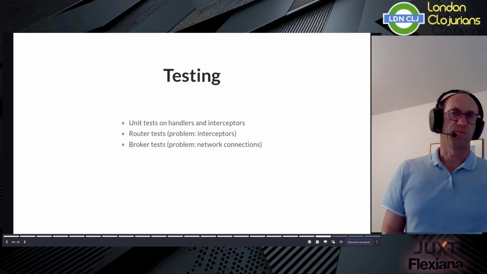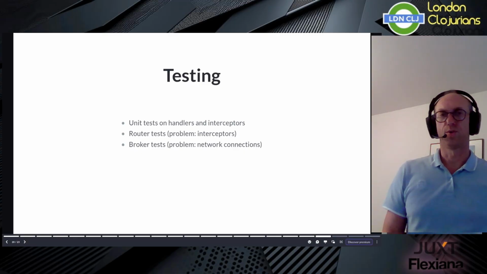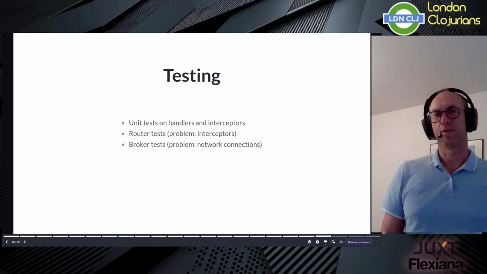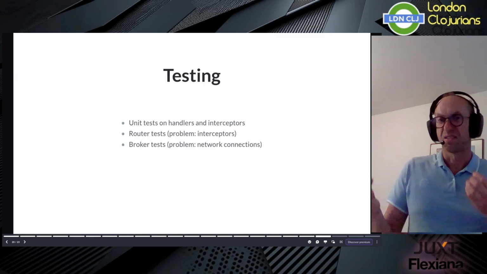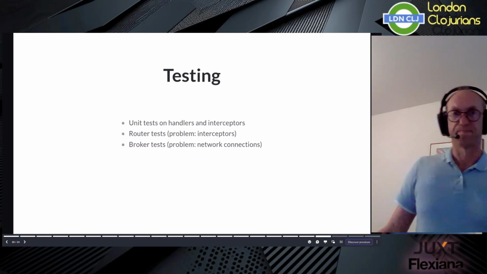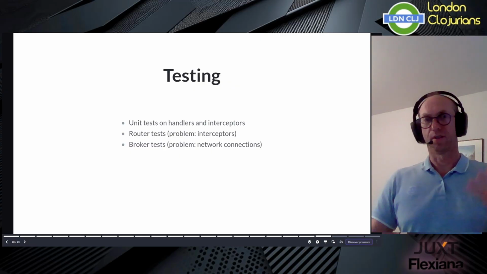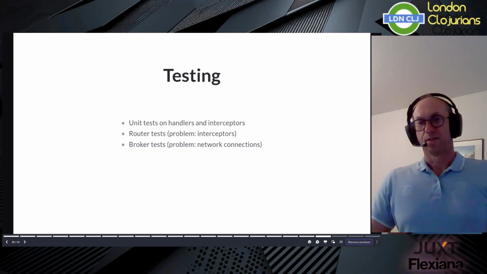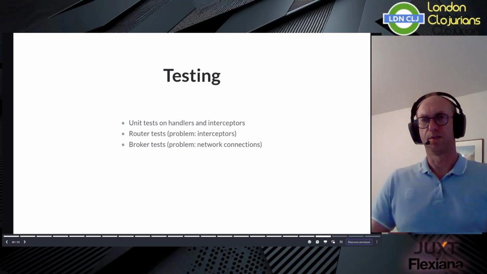I just test my routers. What you can do on broker level is perhaps test serialization, deserialization, things like that. But again, that's up to you, and I will not go into detail here. It's a bit beyond the scope of this talk.